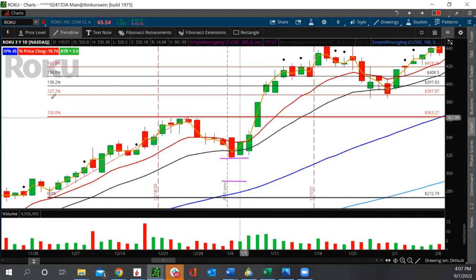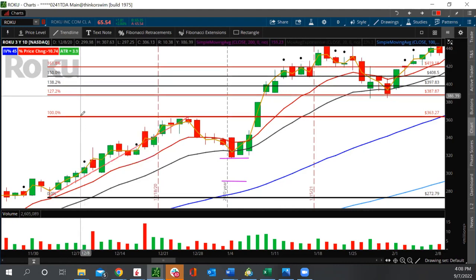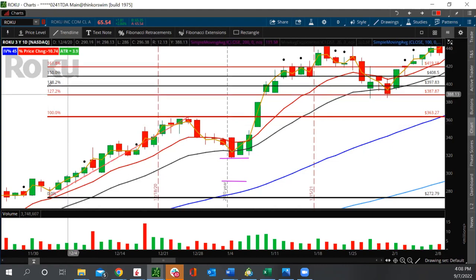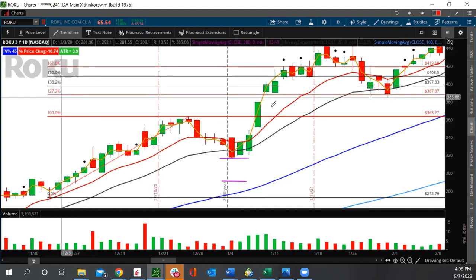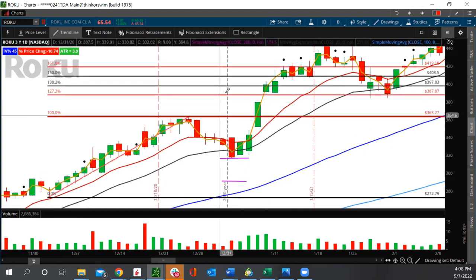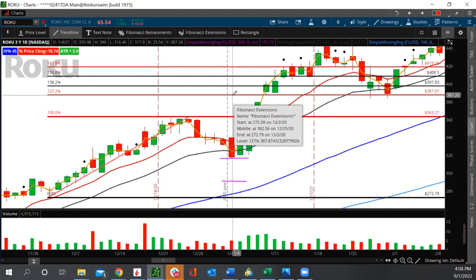Okay. Your next target level is this 127.2. So the lines that are in red are what I use for my targets. The first one is the 100%. The second one is 127.2, right? And you would have hit it here. And again, maybe you take off 10% here, maybe you take off another 10, or maybe you get a little more aggressive.